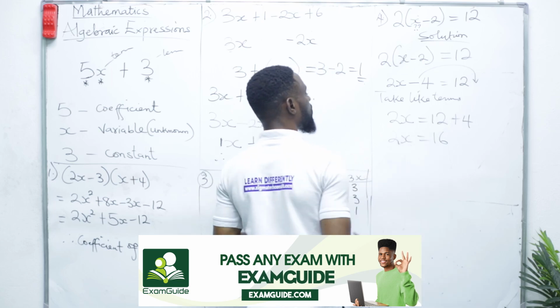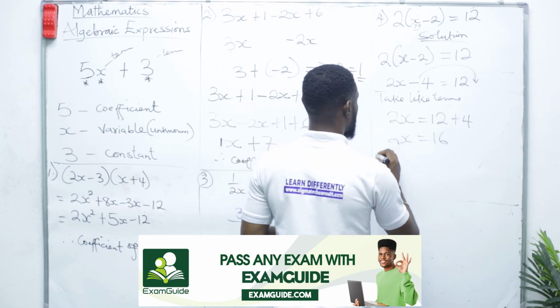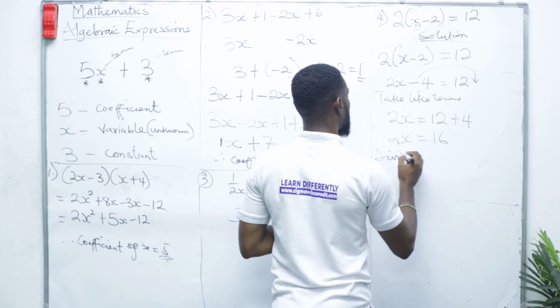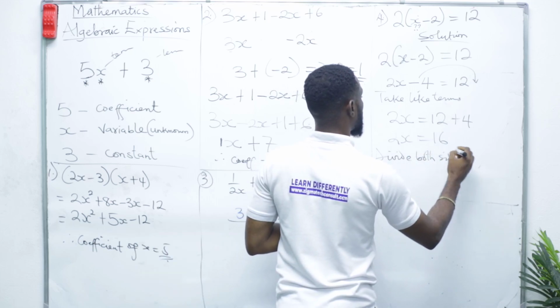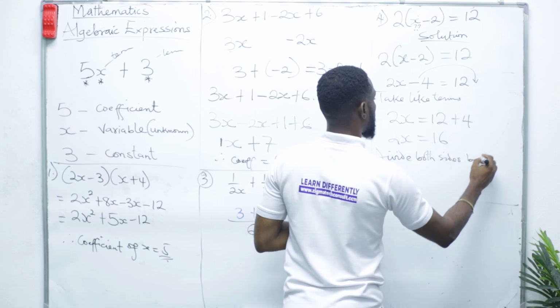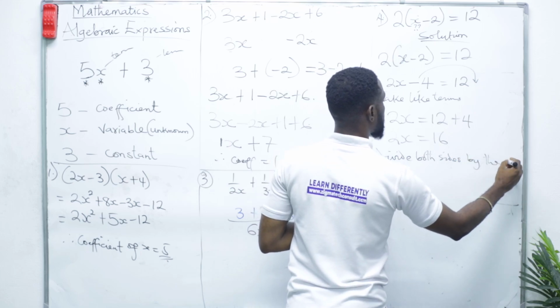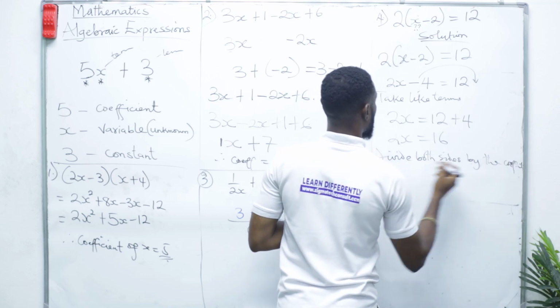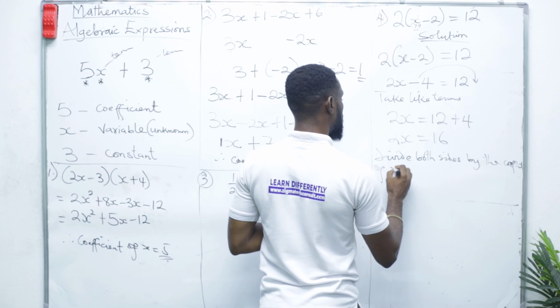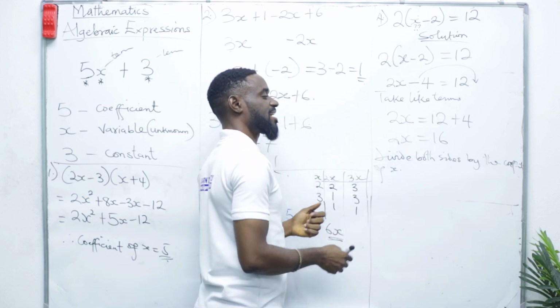So to find the value of x, we divide both sides by the coefficient of x. What is our coefficient of x there? 2.